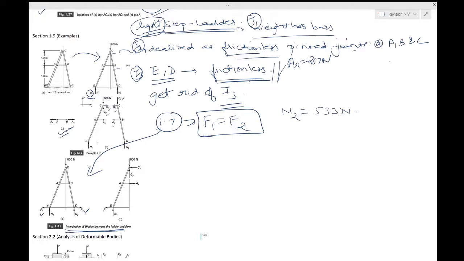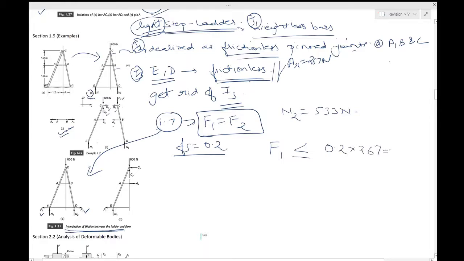You already know. So let's take the coefficient of static friction as 0.2, and for that you should have F1 smaller than or equal to 0.2 into 267.